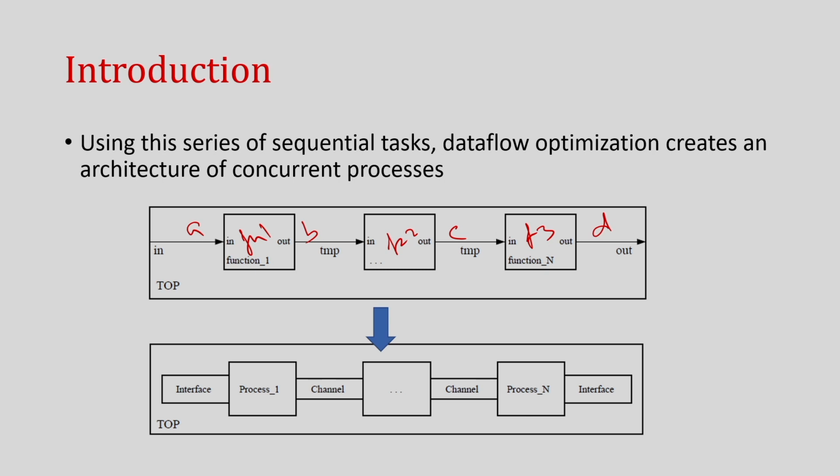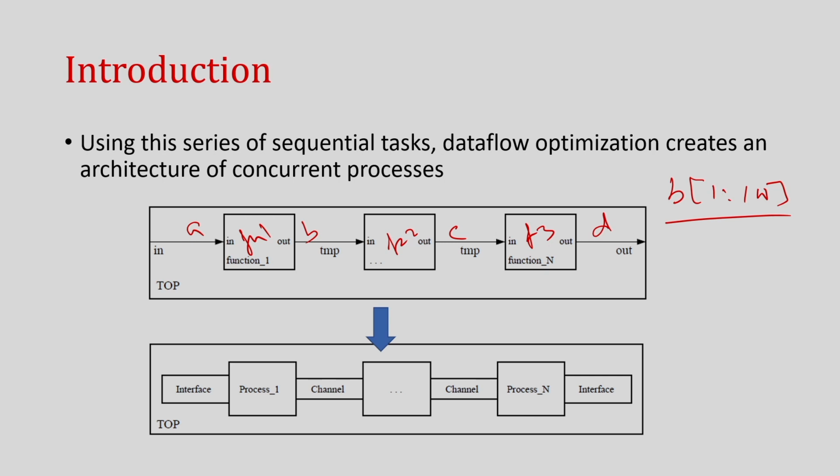But since it is running in a loop, I do not need to wait for the complete production of the whole data. B may be an array of size 100, so there are 100 data items to be produced by function 1, but function 2 may not need to wait for all 100 to be produced.